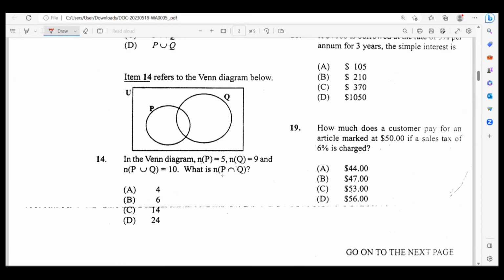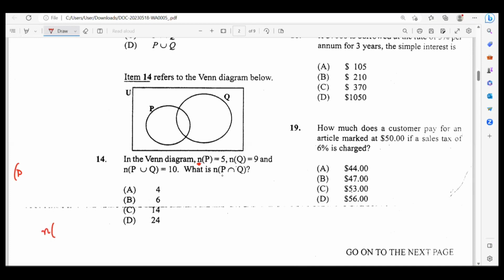14 refers to the Venn diagram. So it says in the Venn diagram, the number of elements in P is 5, the number of elements in Q. This is the same math we're looking at up top. So all you have to do is to set up this. The number of elements, hold on, let me put it underneath here.